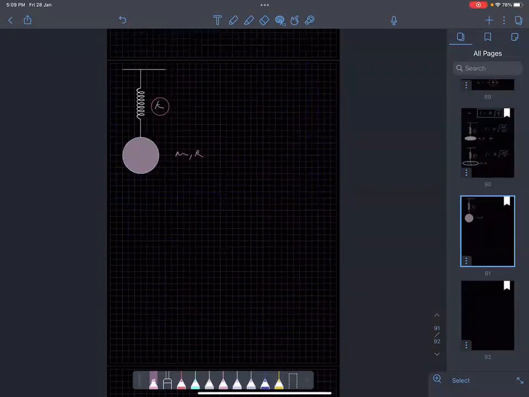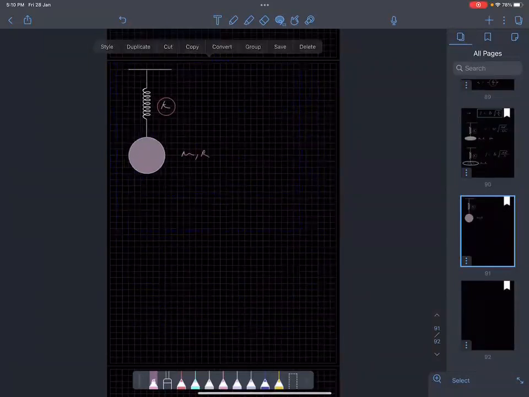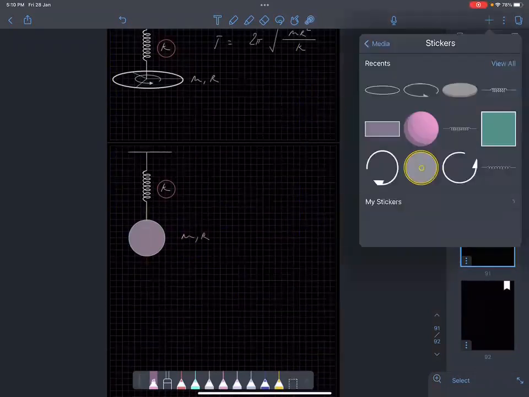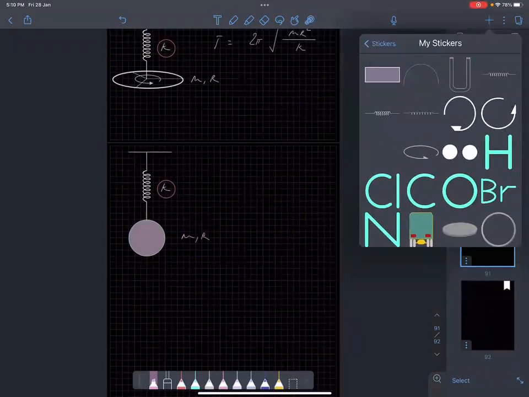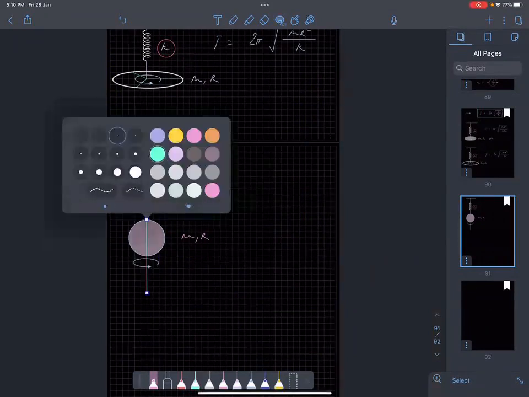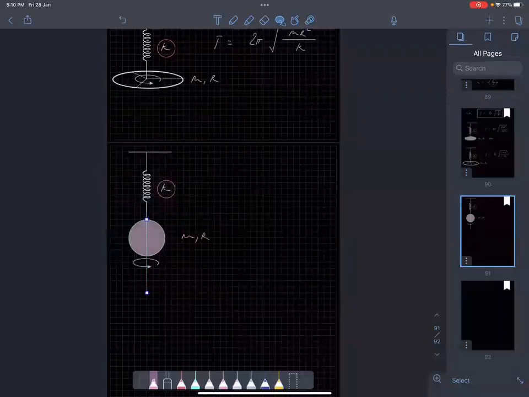Because you know the moment of inertia of a disk about its diameter. This is the diameter. Can you see? So you can apply the perpendicular axis theorem. It is rotating about this axis, so that axis is basically a diameter. About the diameter, the moment of inertia will be mr square by 4.